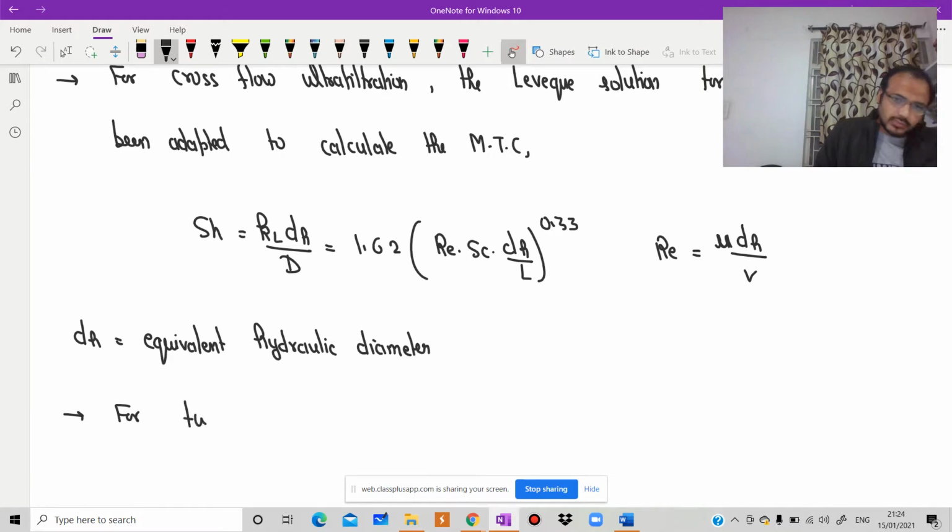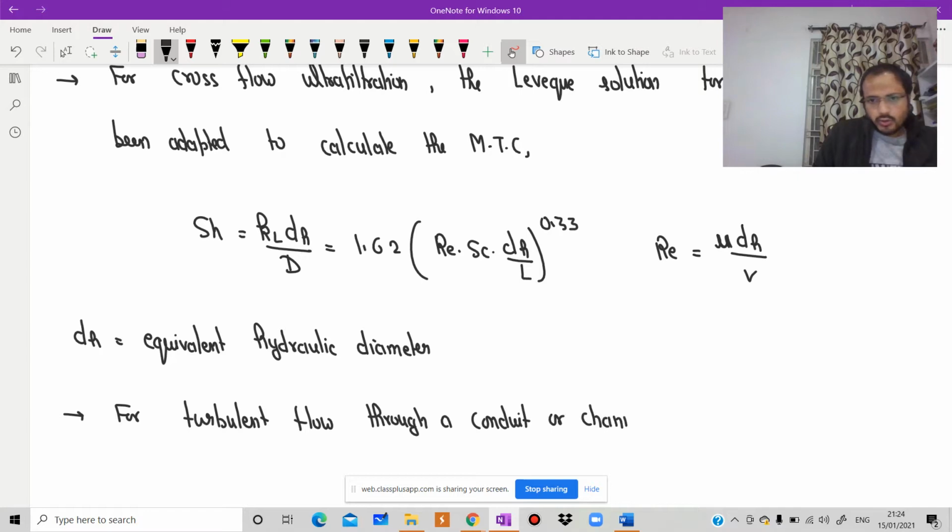And for turbulent flow, this Dittus Boelter you already know. For turbulent flow through a conduit or channel, the Dittus Boelter equation given below can be adapted.